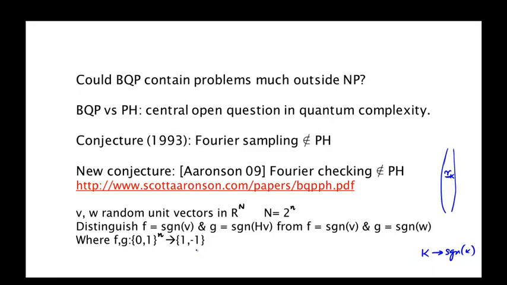Since you have two such vectors, they define two different functions, f and g, which are Boolean functions on little n bits.